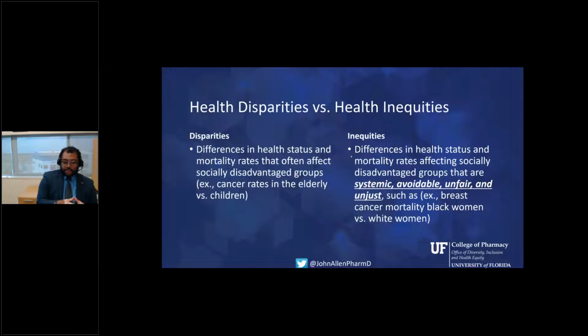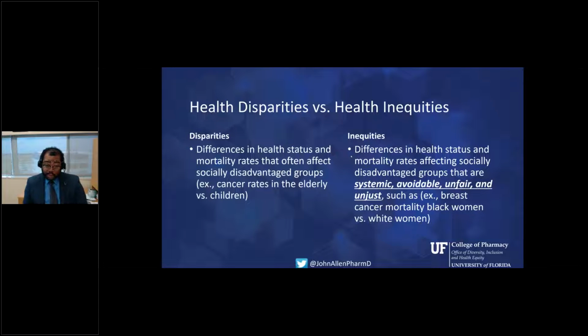When we talk about health equity, I think it's important for us also to understand terminology when we talk about health disparities versus health inequities. Health disparities are essentially differences in health status and mortality rates that often affect socially disadvantaged groups, but don't necessarily themselves imply that there is anything untoward, versus health inequities, which are differences in health status and mortality rates that again affect socially disadvantaged groups, but differ from disparities in the sense that they are systemic, avoidable, unfair, and unjust.